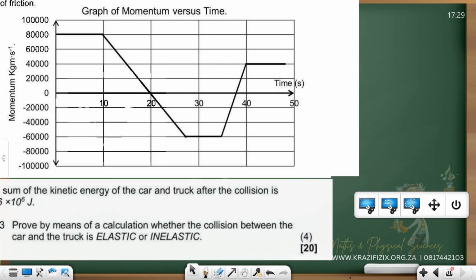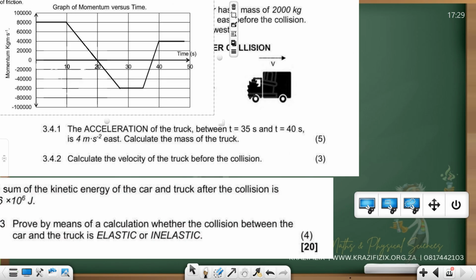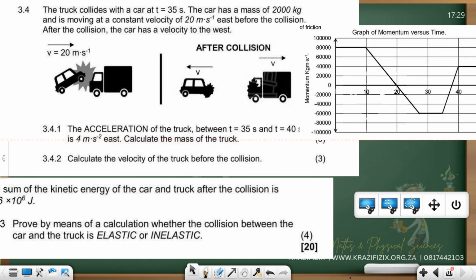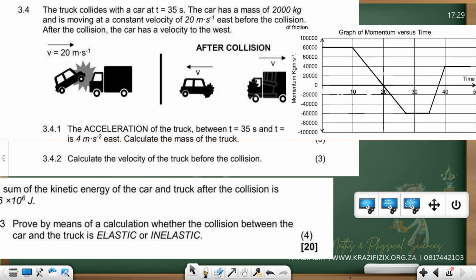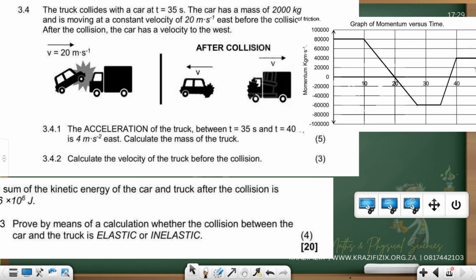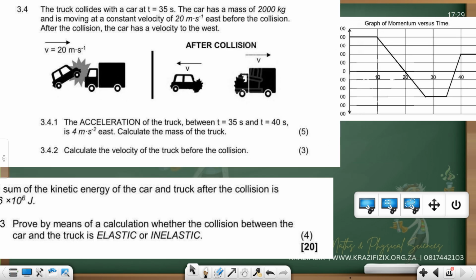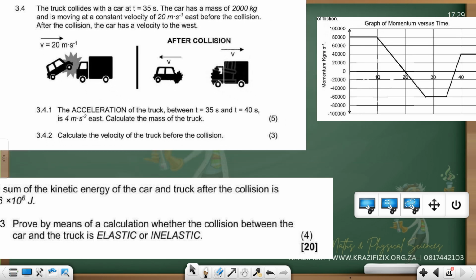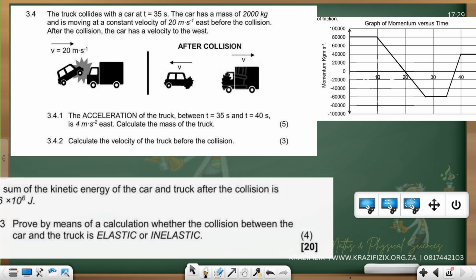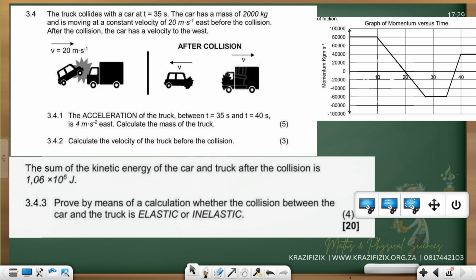I'm trying to put the graph for you. For this particular one, I'm just going to give you 5 minutes. I want you to try. There we go. Yeah, I think everything we need is right here. All right, start working.